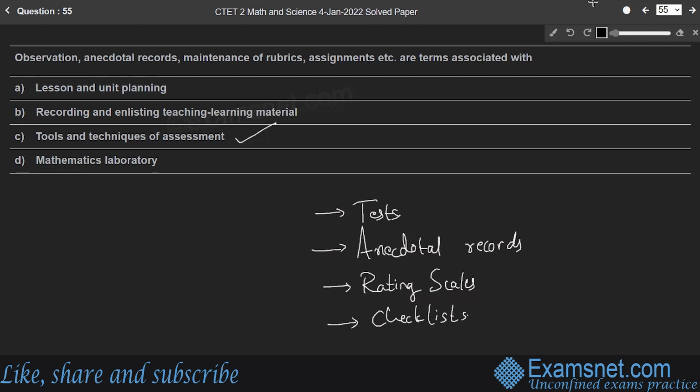So multiple sources include formative and summative assessments, performance assessments, observations, work samples, portfolios, assignments, projects and self-reports, etc. So here, tools and techniques of assessments are observations, anecdotal records, maintenance of rubrics, assignments, formative and summative assessments, tests, rating scales, checklists, etc.